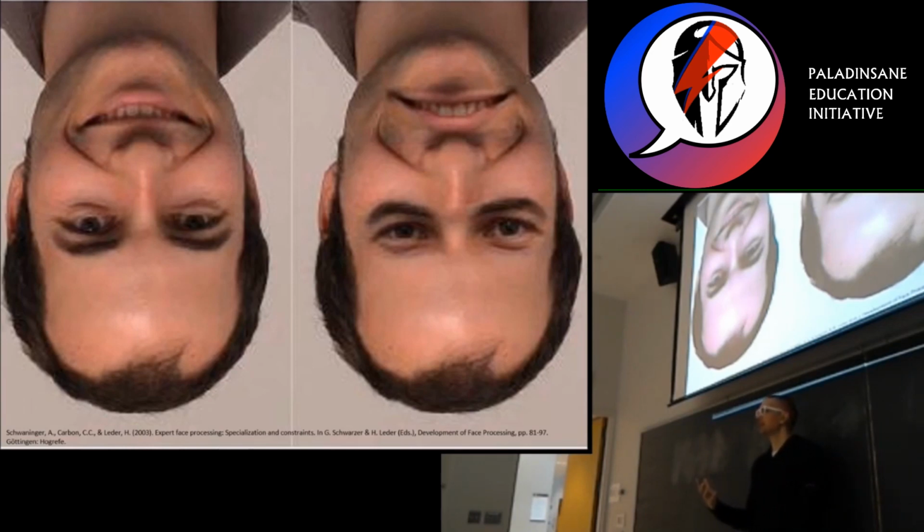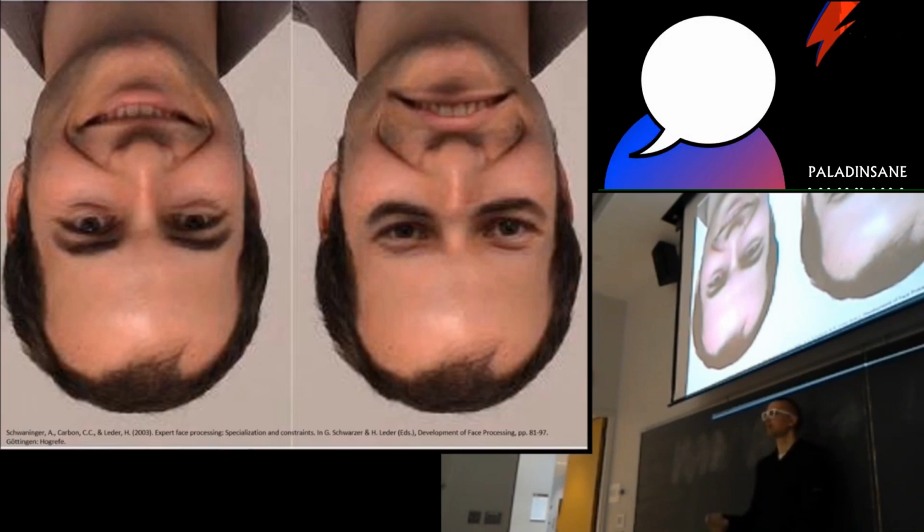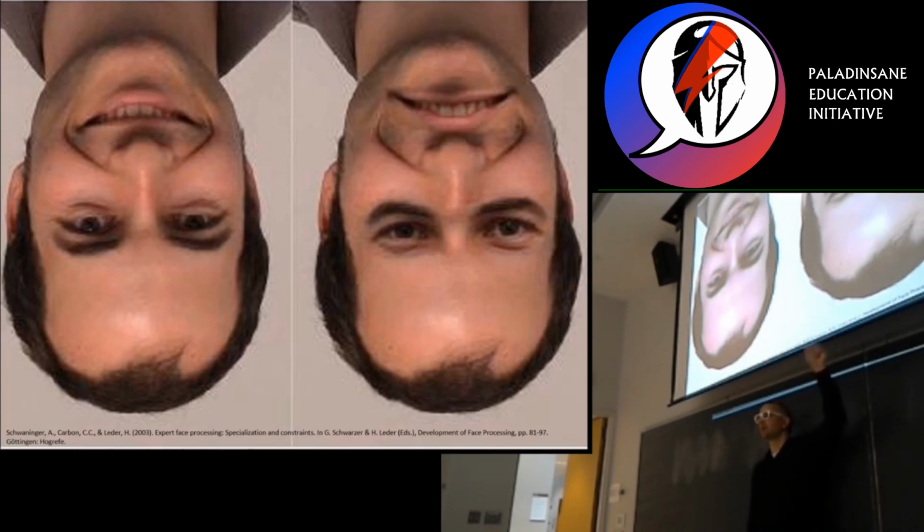You're being put into a situation that you have not developed a parallel processor for, and that is to look at inverted faces. So in our day-to-day lives, we very rarely come across this situation. In fact, if you just take a look around the room right now, 100% of the faces are correctly oriented upright faces. It is very rare to come across a face that is upside down like this.